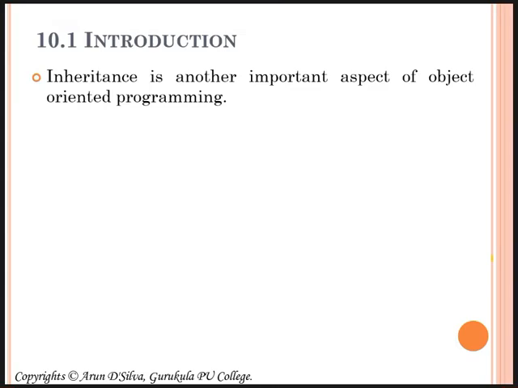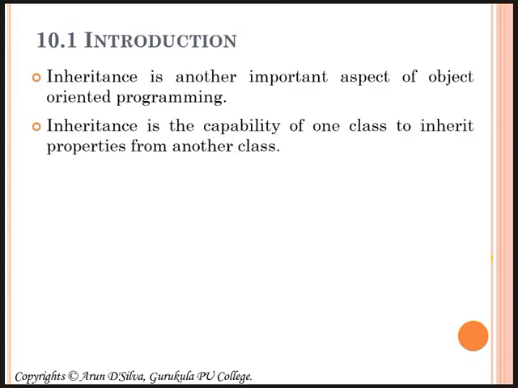Now, what is inheritance? Inheritance is the capability of one class to inherit properties from another class. In our C++ program or any object-oriented language, we are defining the classes, and we are creating objects of those classes.